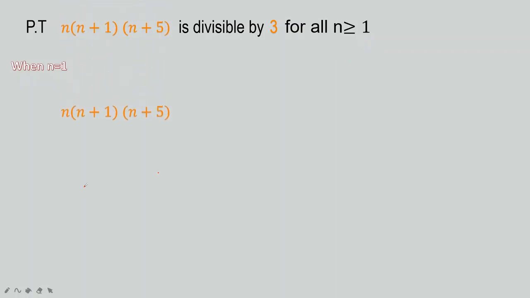Now, when n is equal to 1, what happens? This is an expression, and substituting n is equal to 1, we get 1 into 1 plus 1 into 1 plus 5, that is 1 into 2 into 6, which is 12, which is 3 into 4. So 12 is 3 into 4, which means 3 is a factor, so of course it is divisible by 3.